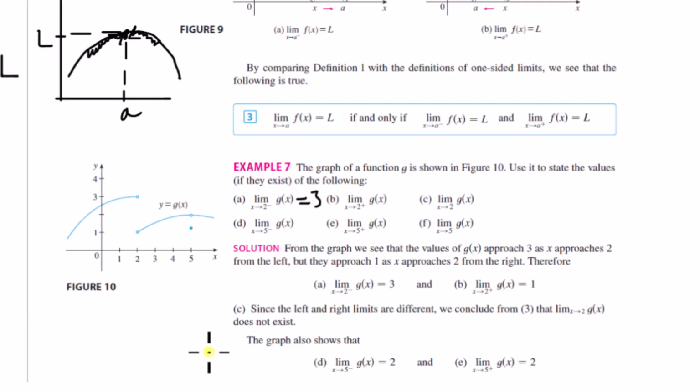Okay, now what about the limit as x approaches 2 from the right of this function? Well, okay, we come to the function, and now we're coming to 2 from the right. Oh, well, the function doesn't even exist here either, but so what? The function doesn't exist at 2, but who cares, right?